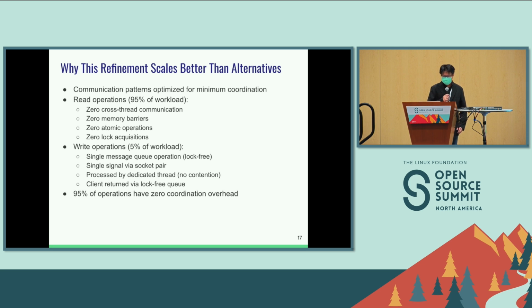And right now, it's just the distribution for read and write operation. So for read operation, there is 0 cross-thread communication, 0 memory barrier, almost 0 atomic operation, and almost 0 lock acquisitions.